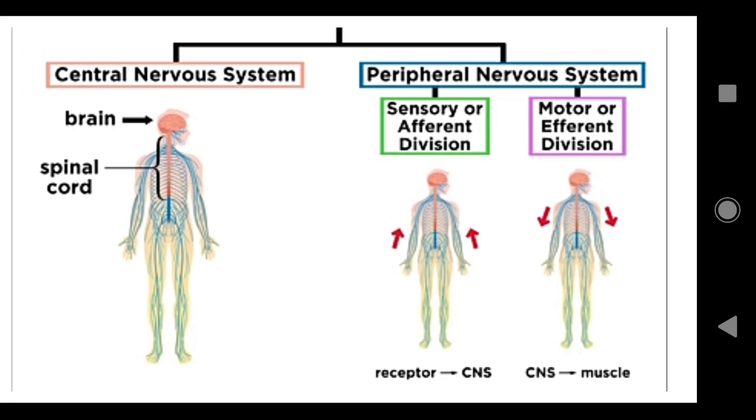As we have learned, you know very well that under the peripheral nervous system we have seen nerves, and some of the nerves take messages towards the central nervous system and some bring messages from the central nervous system. Afferent and efferent.